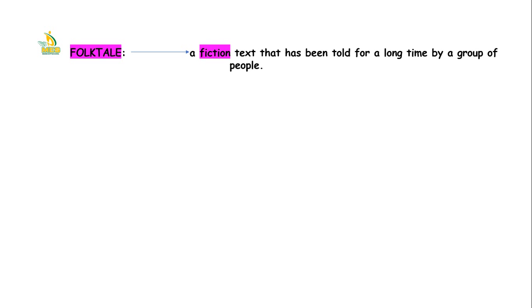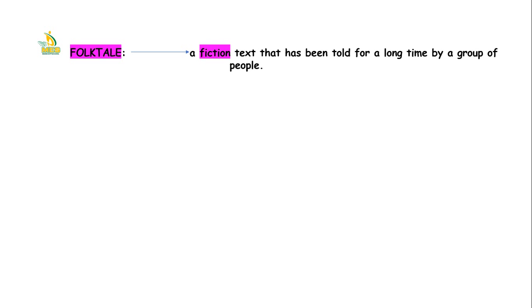Now, folk tale is a compound word. Remember the meaning of compound word? A compound word is a word made up of two or maybe even three small words. Folk tale is made up of folk and tale. What is the meaning of folk?